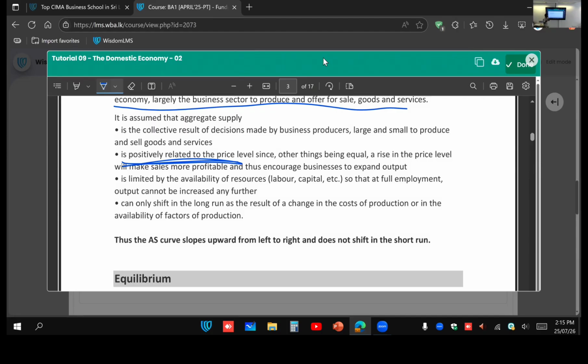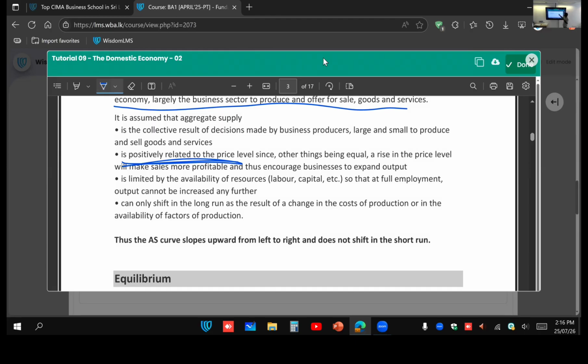This explains why, with everything else kept equal, a rise in price level will make sales more profitable. I discussed that when discussing the supply curve. The supply curve was an increasing trend. Why? When prices increase, producers find it more profitable, so they try to produce more. Similarly, in aggregate supply, the same happens.